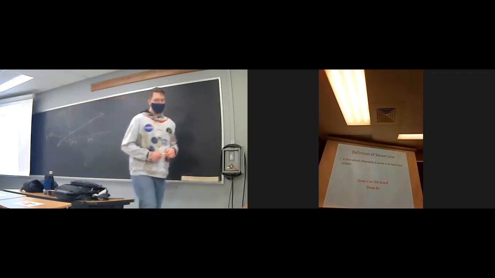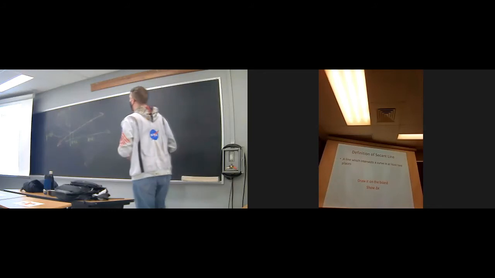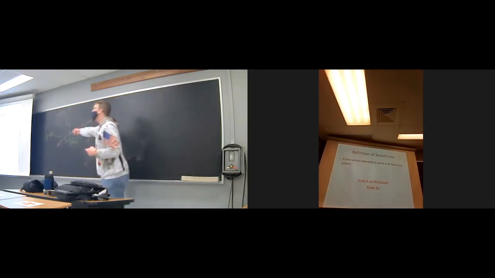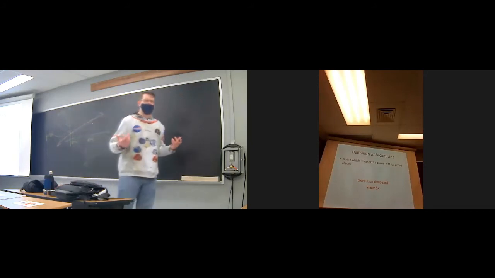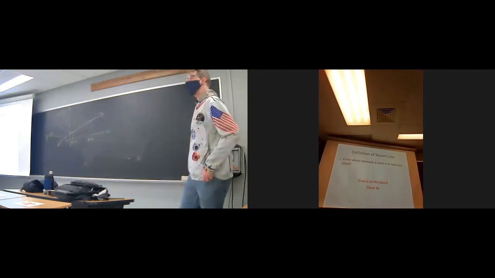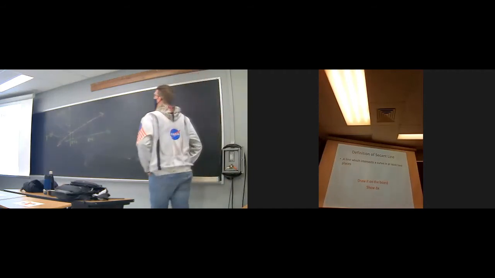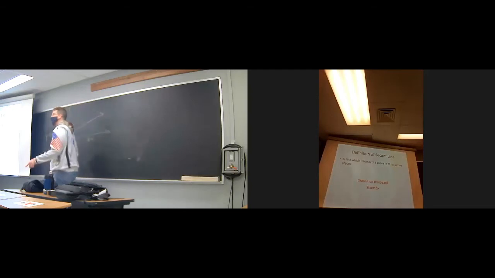All right, so we've got this function, the blue graph, right? We've got this secant line that crosses our function in at least two places. What's the equation for that line? Not quite, but you're on the right track.